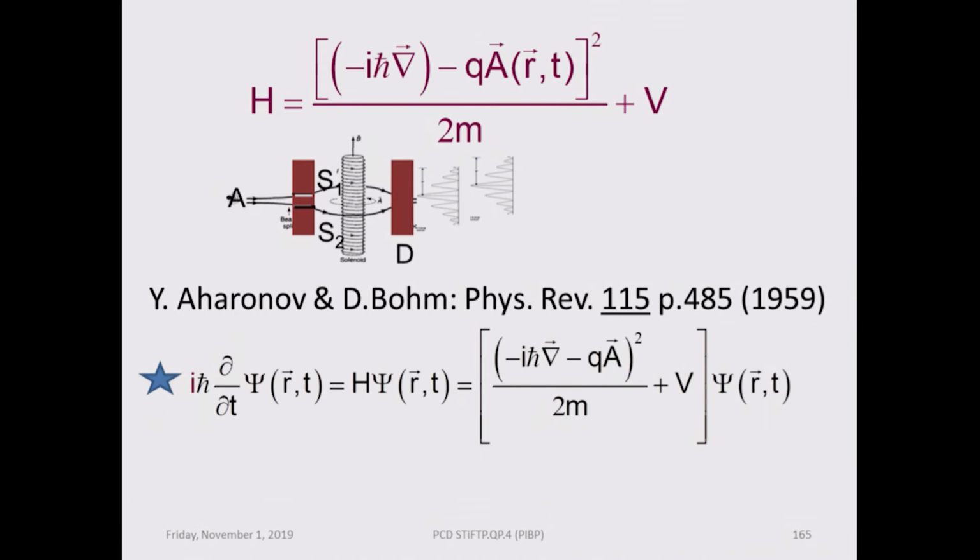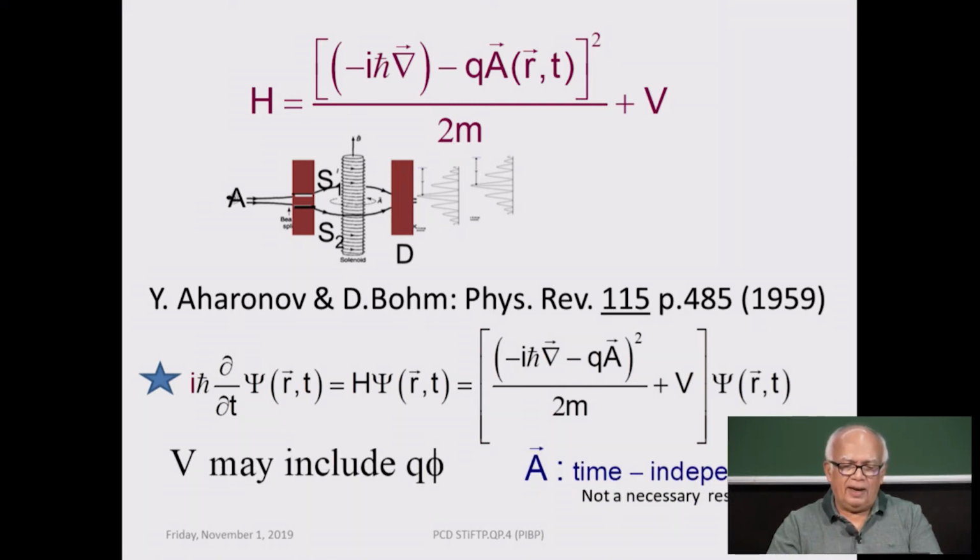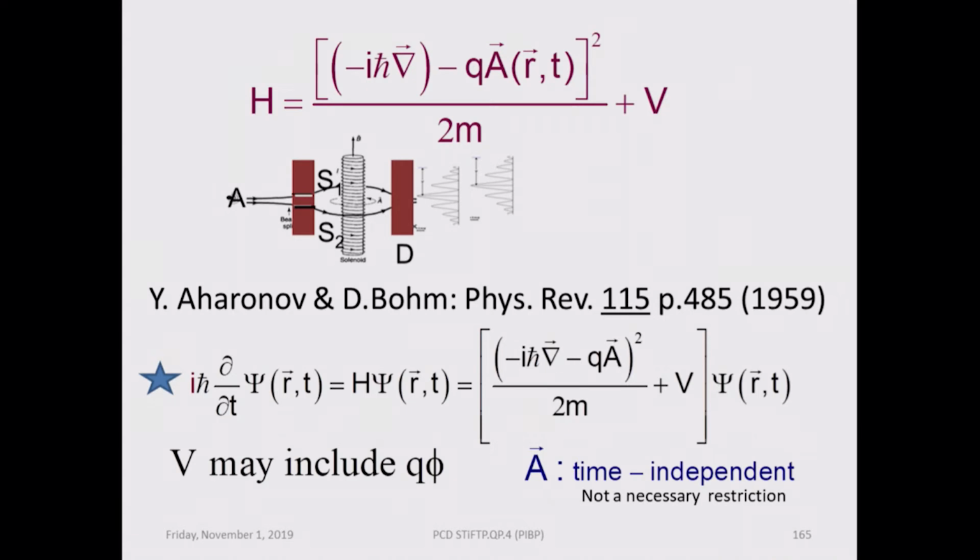So now let us examine the Schrodinger equation, and here you have got a potential term which may or may not include the electric scalar potential phi, the middle phi that we used in the 3 phi's, okay, in our notation. So, that may or may not be included.